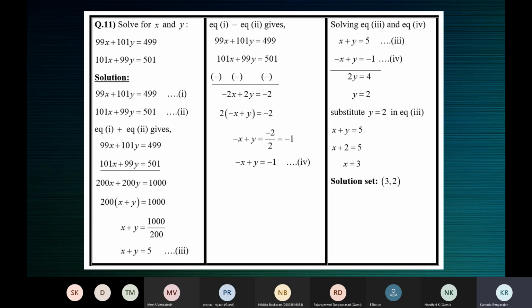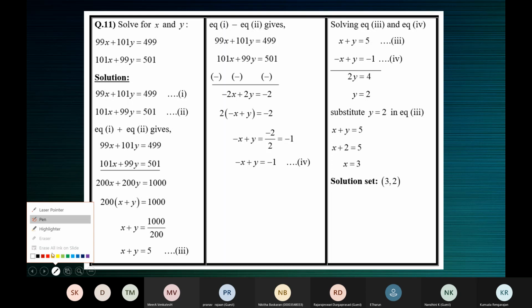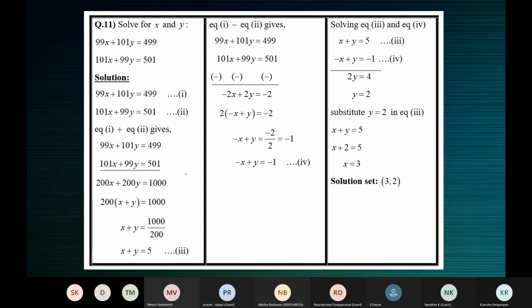I think I can help Nikita with her doubt. Nikita, I guess you would have gone wrong somewhere here. Let me just check. So tell me, what have you taken common, Nikita? What's common? 2 or minus 2?